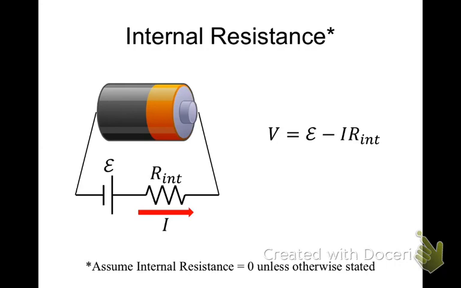So you take the full EMF of the battery, subtract out the voltage dropped by the internal resistance of the battery, and that's going to give you what we call the terminal voltage. Okay, and that is the voltage from terminal to terminal of the battery, what it can actually do.